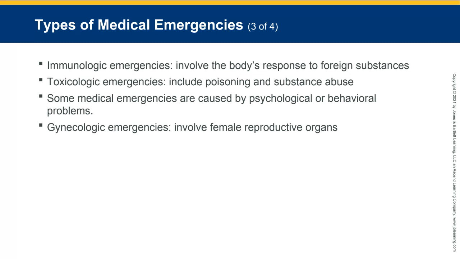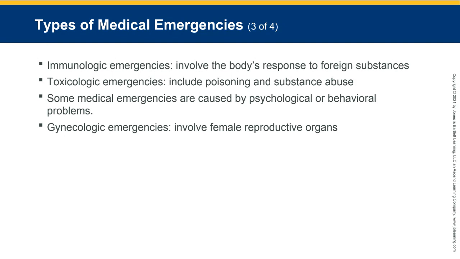We'll look at immunologic emergencies. This will involve the body's response to a foreign substance. So we're talking about allergic reactions, mild, moderate, severe. Toxicology emergencies will include poisoning and substance abuse. Toxicology is the reverse of pharmacology. So it's abnormal pharmacology, as I like to refer to it.